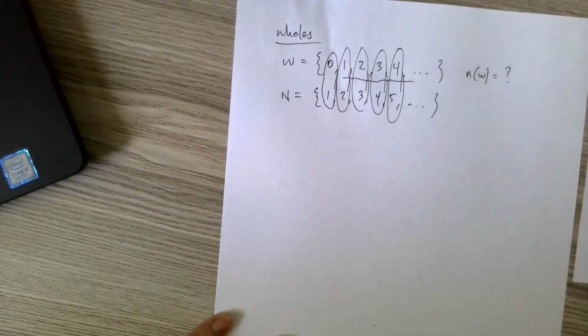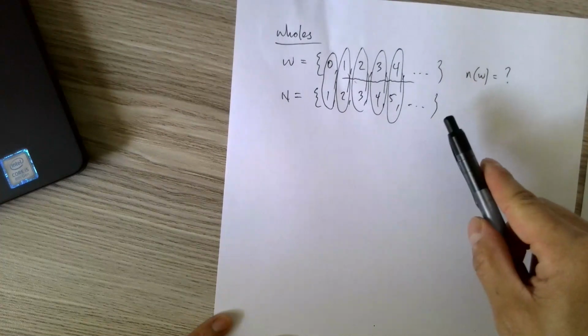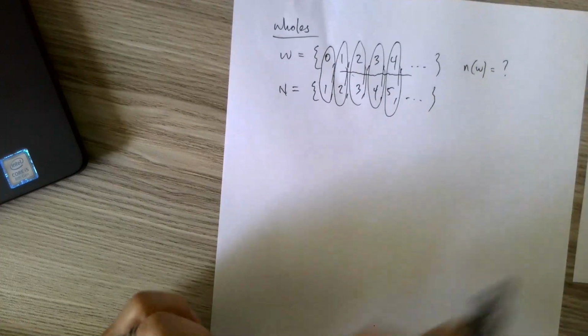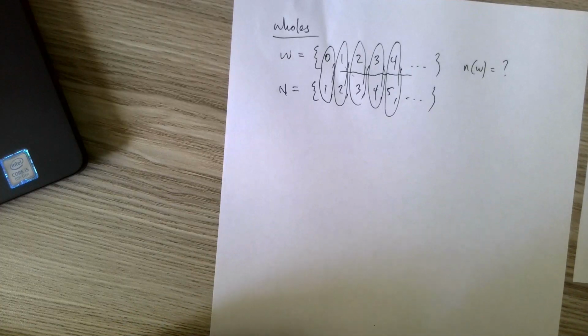And if you think ahead, I can do this forever. And as long as I pair off in this manner, there will never be a leftover element in either the wholes set or the naturals set. Never be a leftover. Won't be an extra.